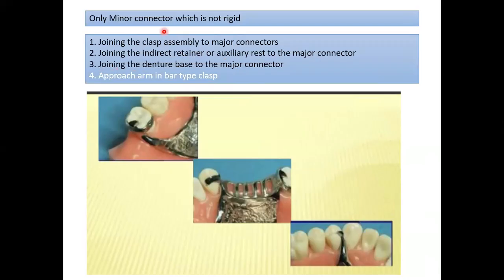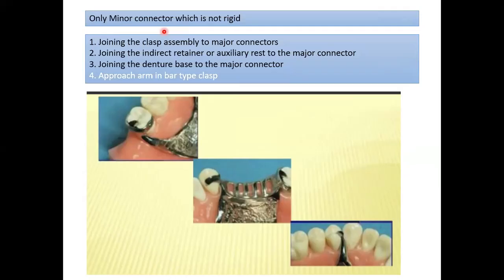Why? Because the main action of your minor connector is just as a hub or just a joining portion. Okay, if you have different components, you place a minor connector which joins all the components. That is the main work of your minor connector, as the name itself explains, a minor connector that connects all the major parts.